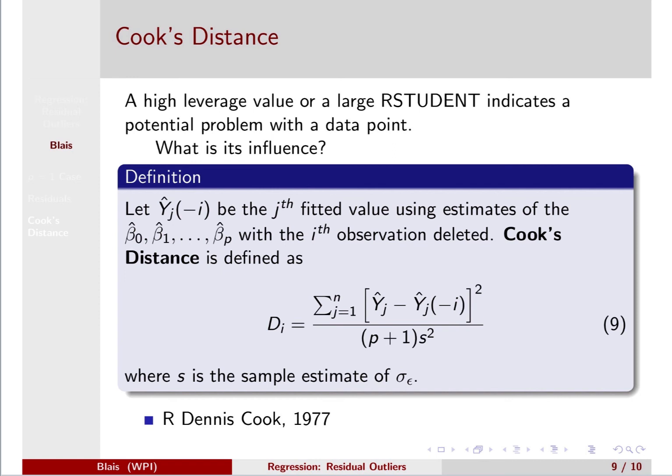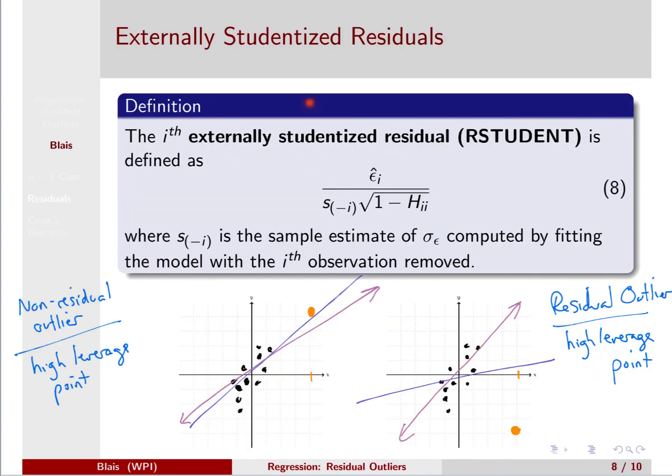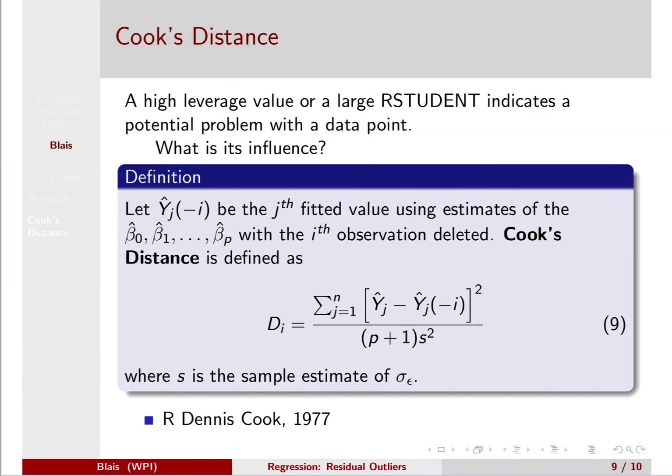We can also use this idea of Cook's distance, which builds off of this externally studentized residual, or the R student. And Cook's distance measures the influence of a high leverage point, or that could be a residual outlier.